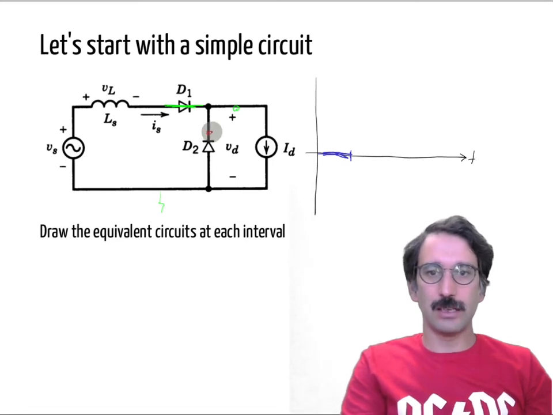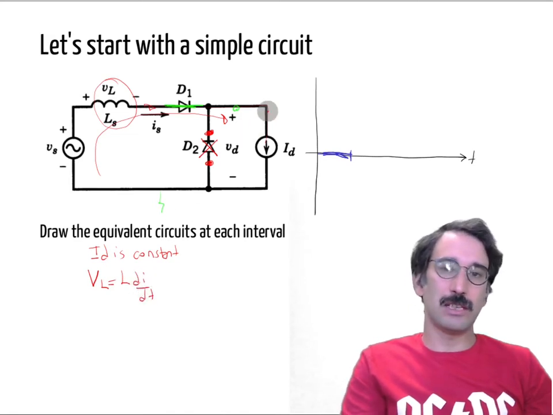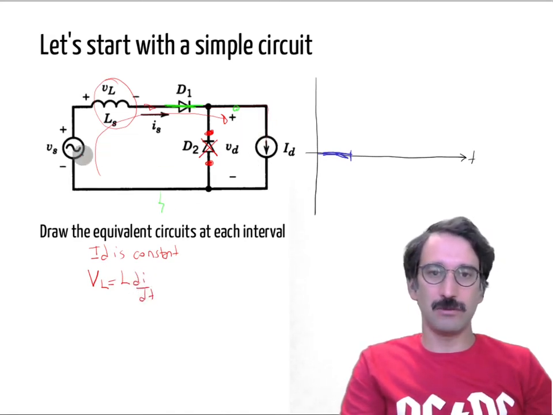If that diode is now off, then all that waveform is transferred to VL. Now our current ID is constant, so VL is equal to L di over dt. Again, it will not happen if you just connect a resistive load.